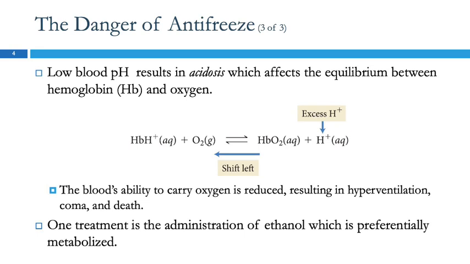And so if you've got a bunch of ethanol in there and a little bit of ethylene glycol, the body's like, I'm going to do this first. And it'll keep it busy with the ethanol until the ethylene glycol can pass through. So I guess the lesson there is if your dog drinks antifreeze, give him a beer.